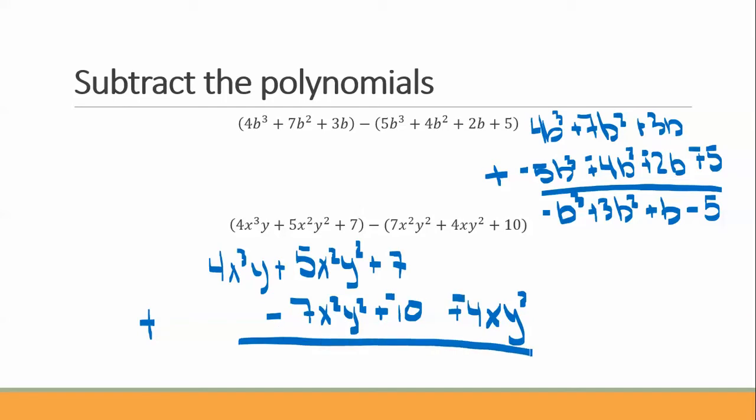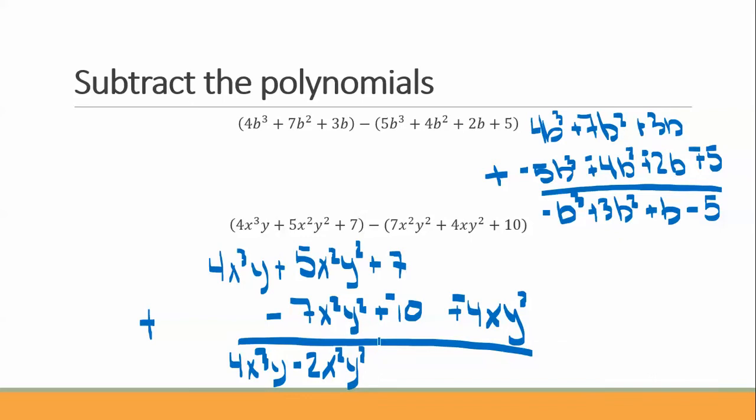And then when we subtract, we have 4x cubed y plus 0, so that's just 4x cubed y. Now we have 5x squared y squared minus 7x squared y squared, so that's minus 2x squared y squared.